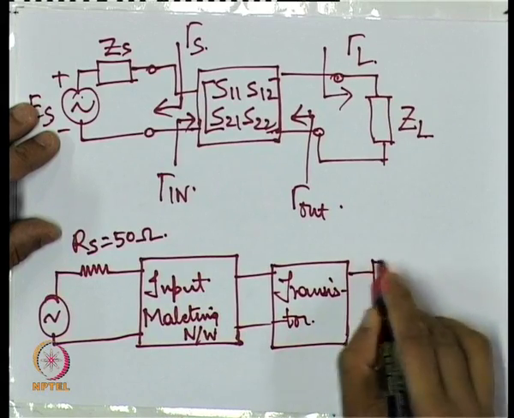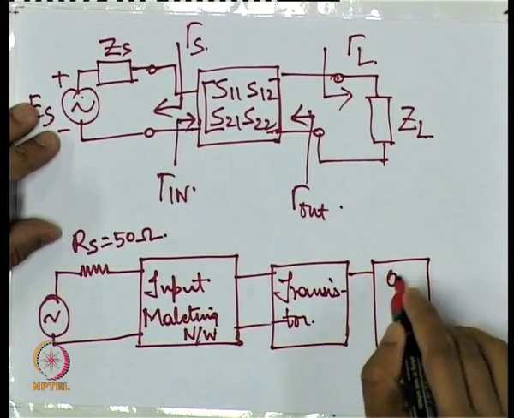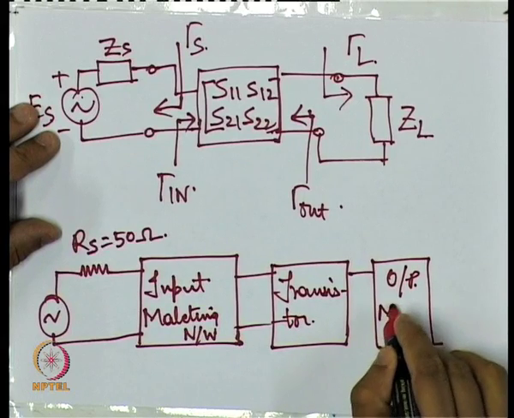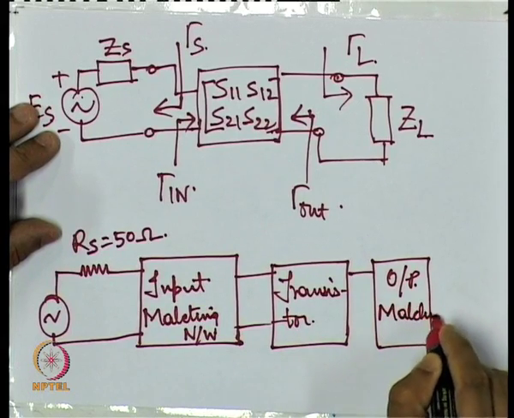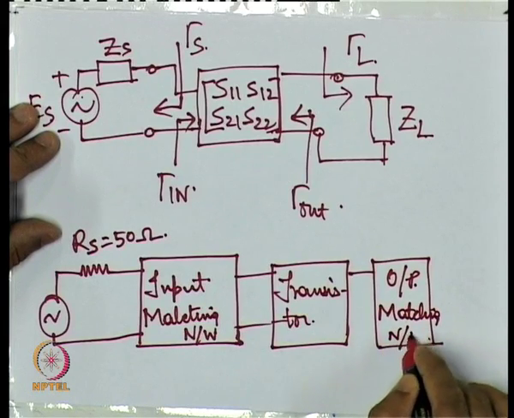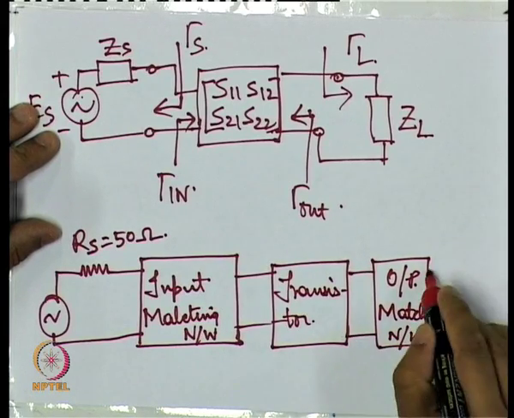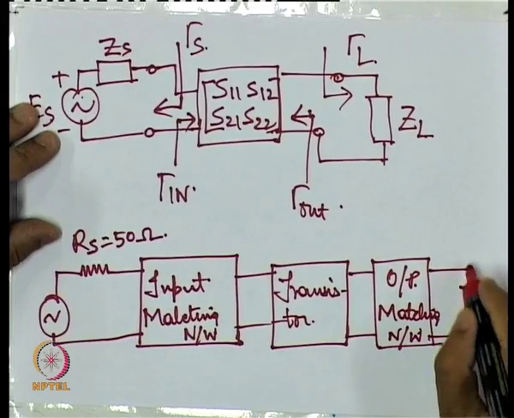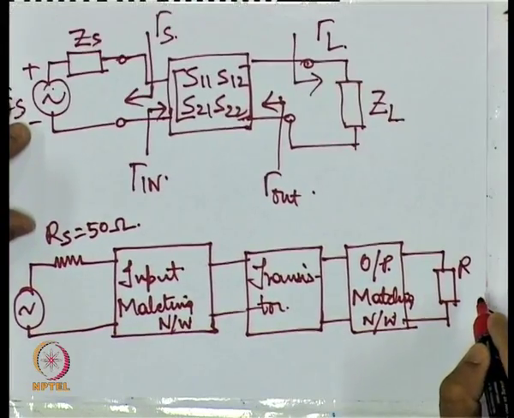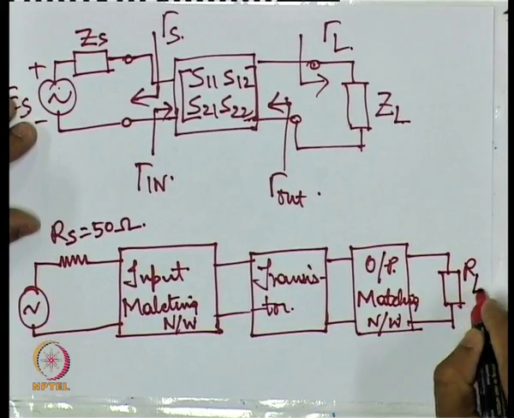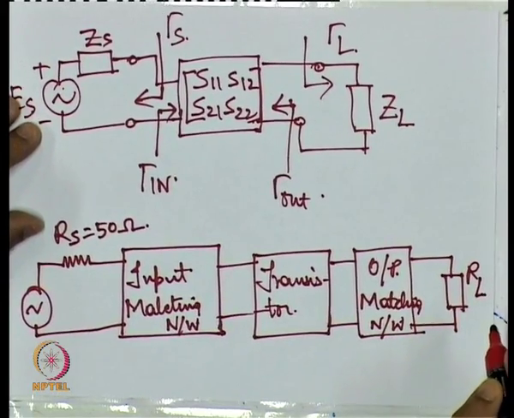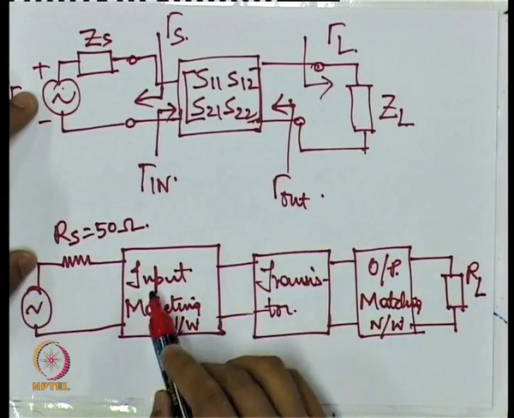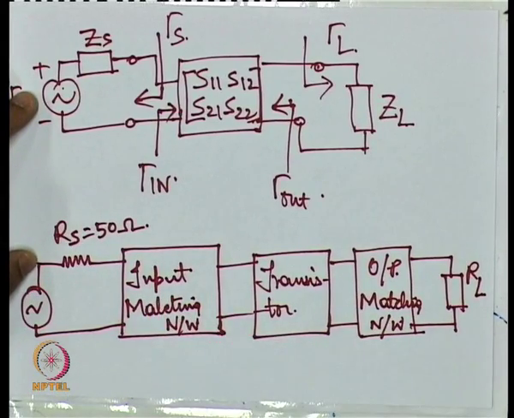And then we also need an output matching network, which will be between the output load and the output of the transistor. So this is my RL. So this is more or less the design, this input matching and output matching.